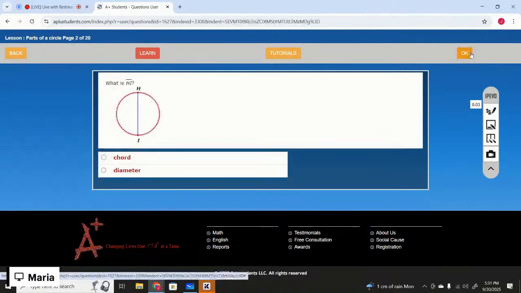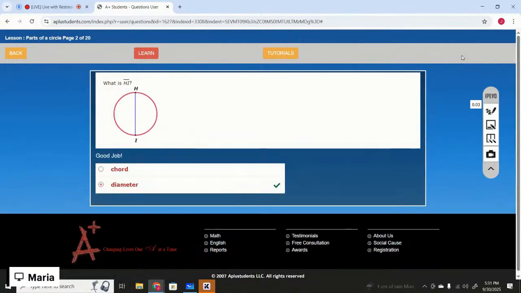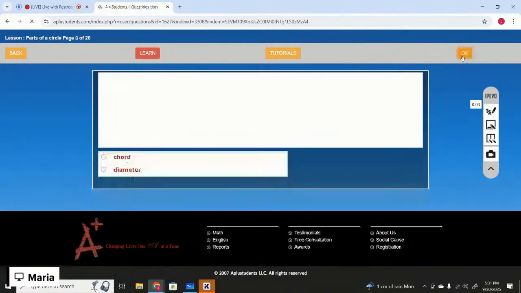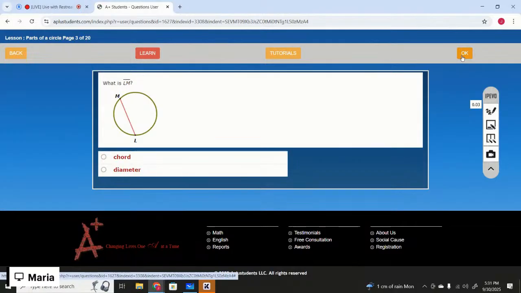What is HI? The line that is passing through the center of the circle and touches two points on the circle is always the diameter. The correct option is diameter it is. What is LM?